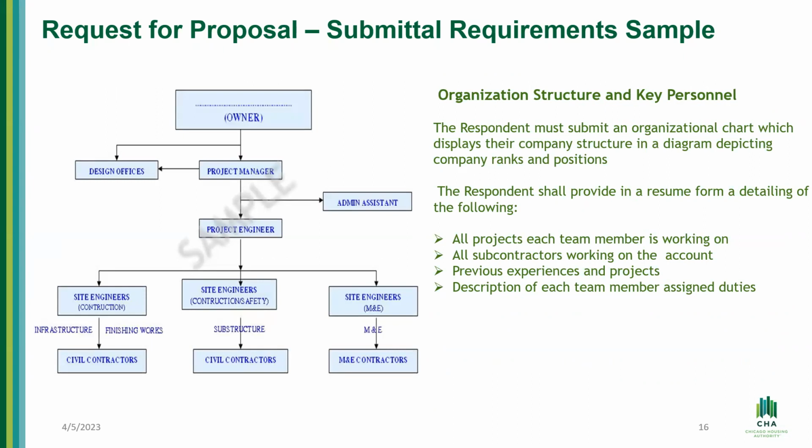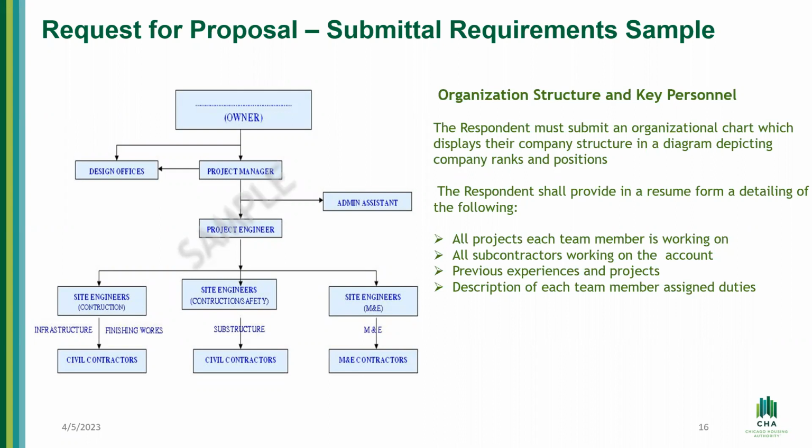This is a sample of the organization structure and key personnel. You should submit an organization chart, which displays your company structure. Even if it is only 1 or 2 employees, you have to create this organizational structure, okay?